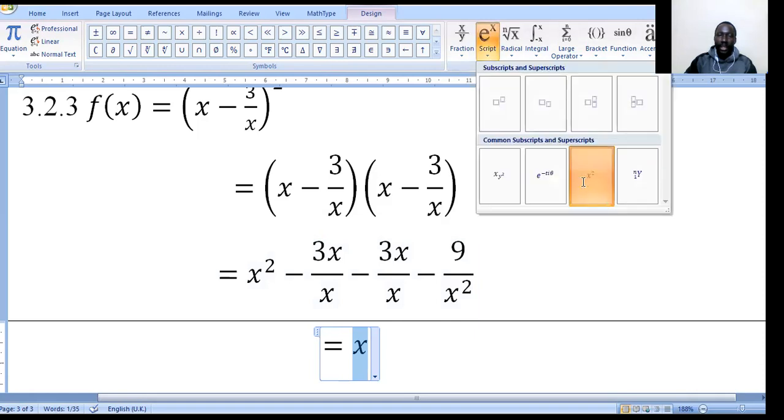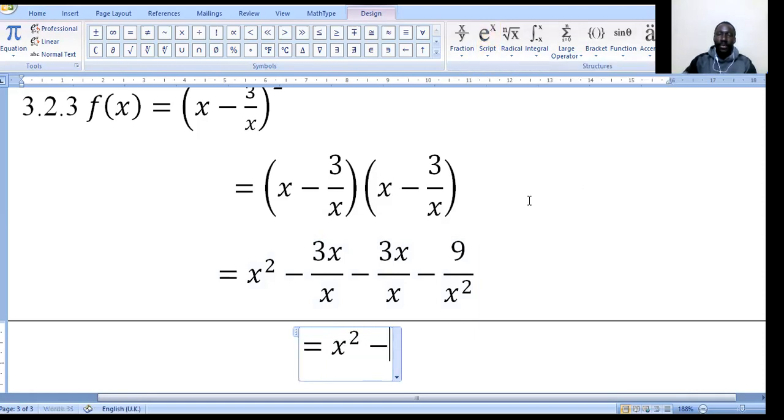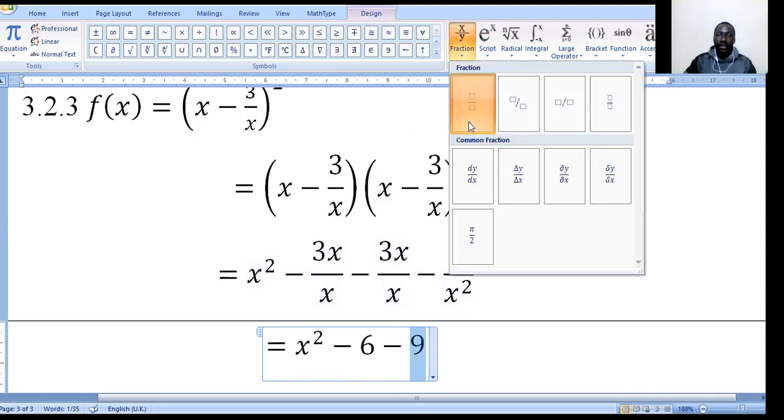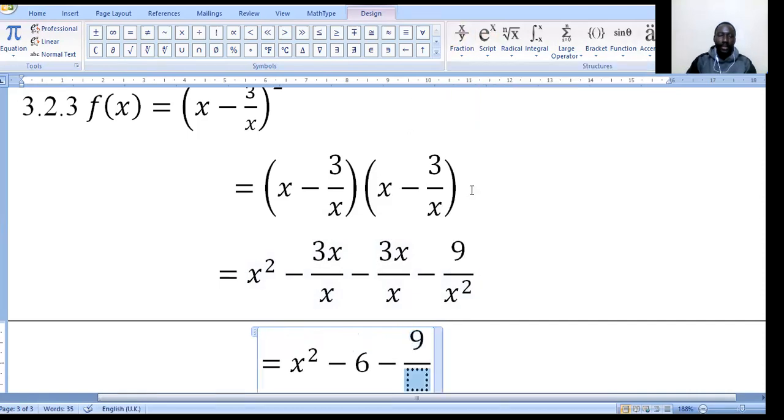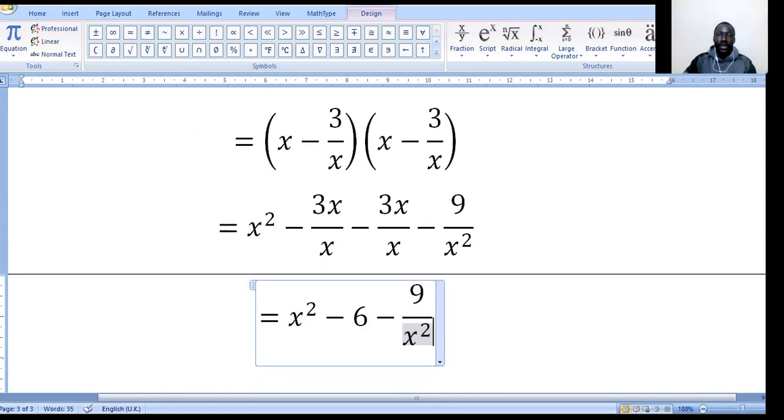This is x squared minus, negative 3 minus 3 is negative 6. Then now minus 9 over x squared. So we have that x squared, like that.